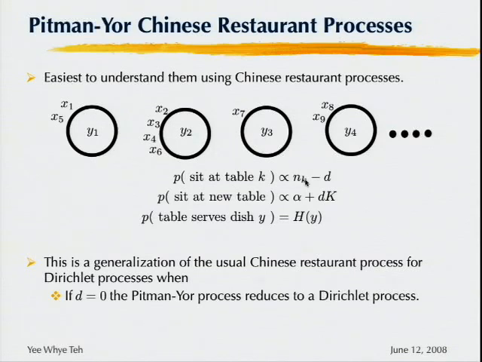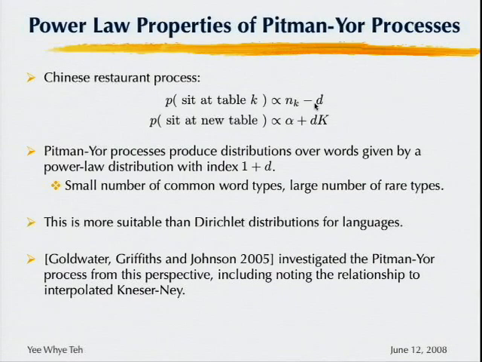But for the Pitman-Yor process, it has this second effect in which if we see lots of different tables, then the probability of the customer sitting at a new table also increases. And this corresponds to the effect where in lots of languages we have lots of words, all of which occur really rarely, but there's lots and lots of them, right?